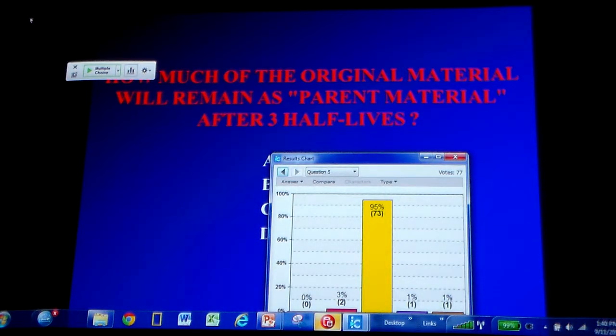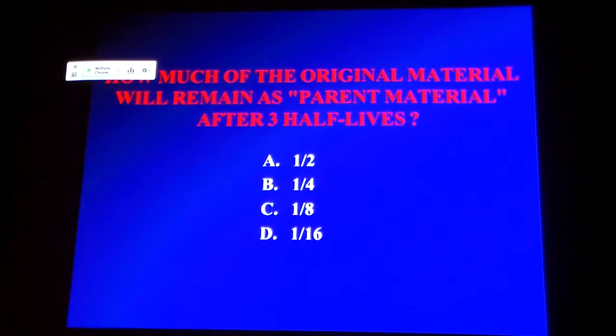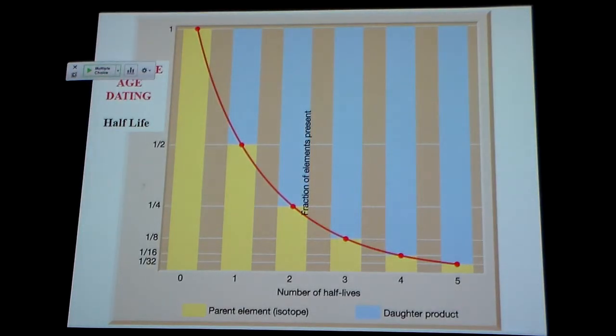See. And it's an 8. Exactly. You guys are way too good. Okay, so that's exactly what we see. First half gets us down to a half, second half to a quarter, third half to an 1/8.